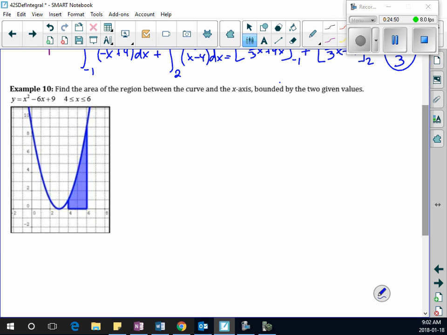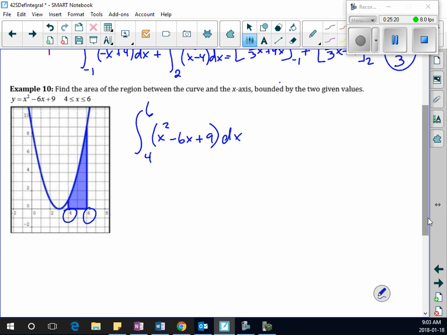Last question, it says find the area of the region between the curve and the x-axis bounded by the two given values. So you can see that it's from 4 to 6, so the integral from 4 to 6, and it is the function x squared minus 6x plus 9 dx.